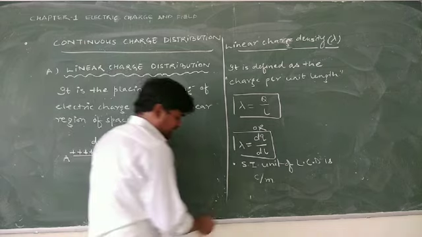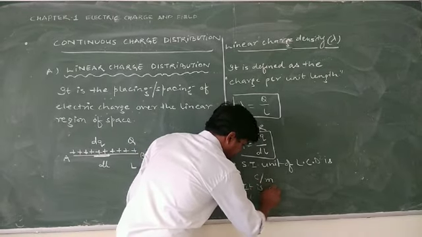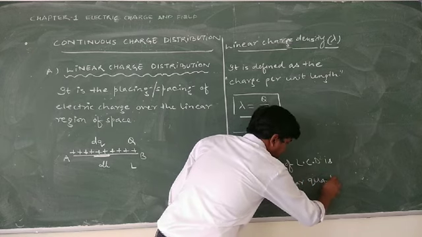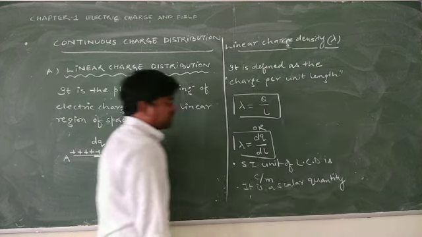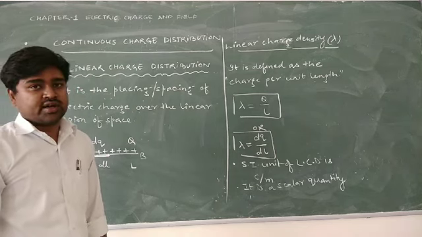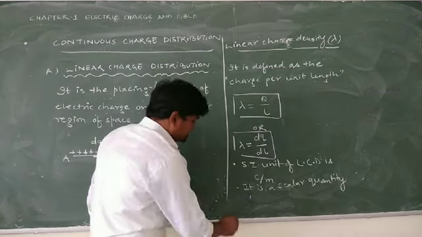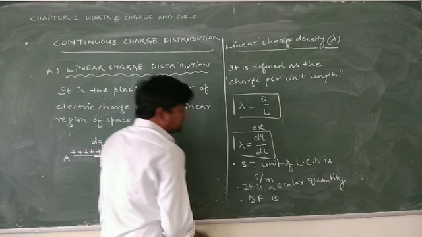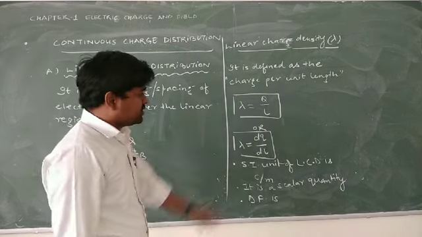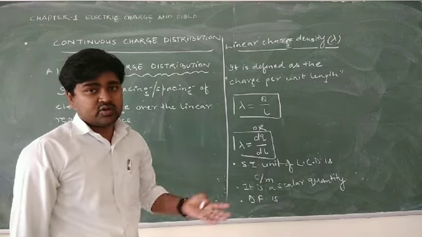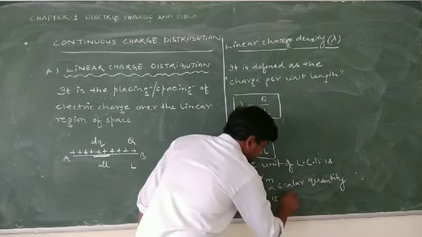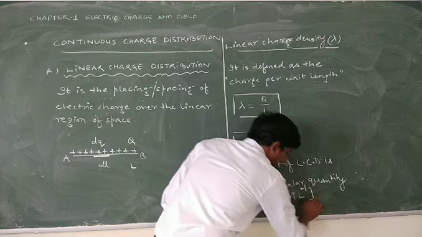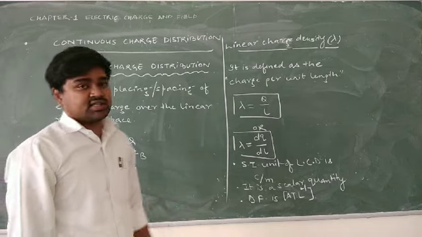It is a scalar quantity, right? The dimensional formula: charge has the dimension AT and length has the dimension L, so it will be AT L inverse. So this is the dimensional formula of the linear charge density.